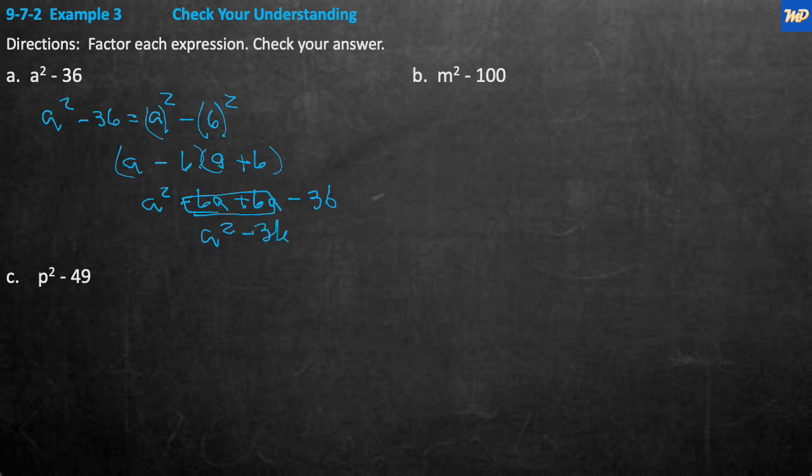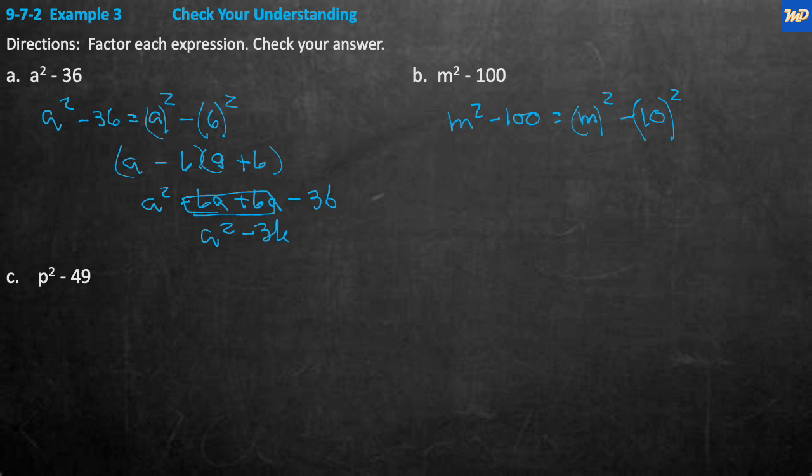How about B? m squared minus 100 is equal to m squared minus 10 squared.